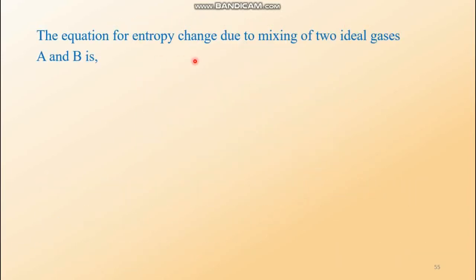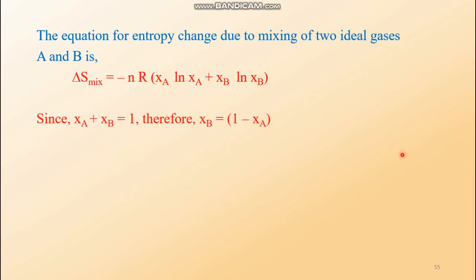The equation of entropy change due to mixing of two ideal gases A and B is this one, as I have said. So delta S mix equals minus NR times XA ln XA plus XB ln XB. Now let us differentiate both sides by XA, but before that we have to convert this XB term in terms of XA.